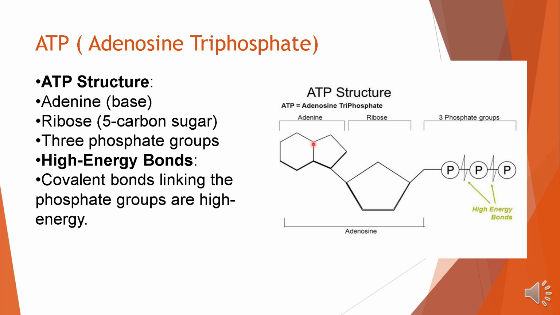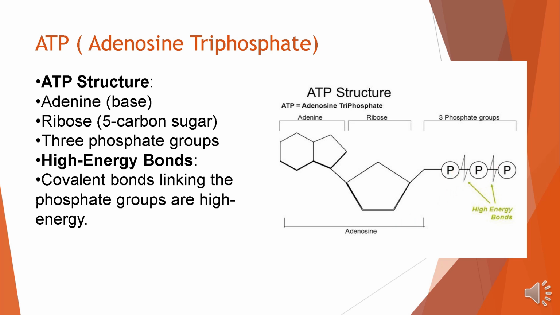Firstly, adenine, which is a nitrogenous base, and the ribose sugar. Collectively, adenine and ribose are termed adenosine. This is adenine, a nitrogenous base, and this is ribose sugar.